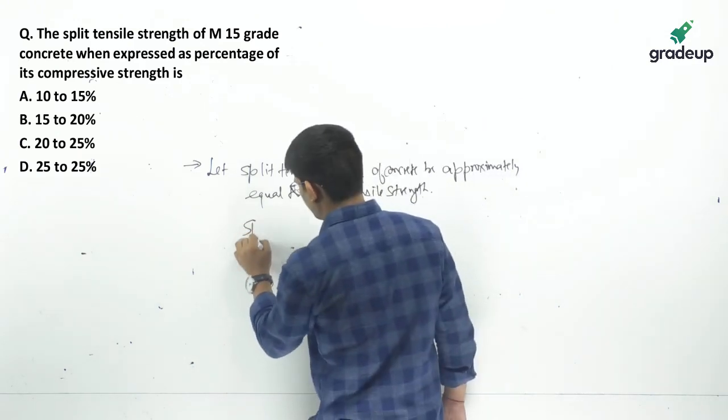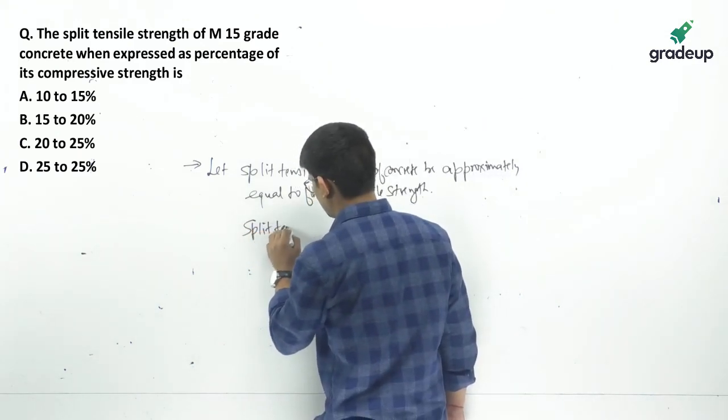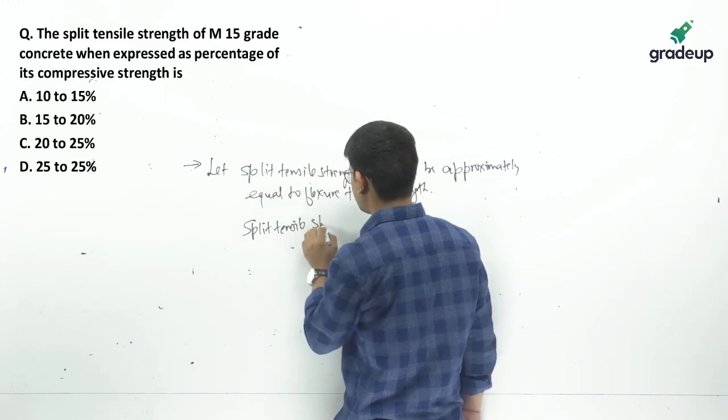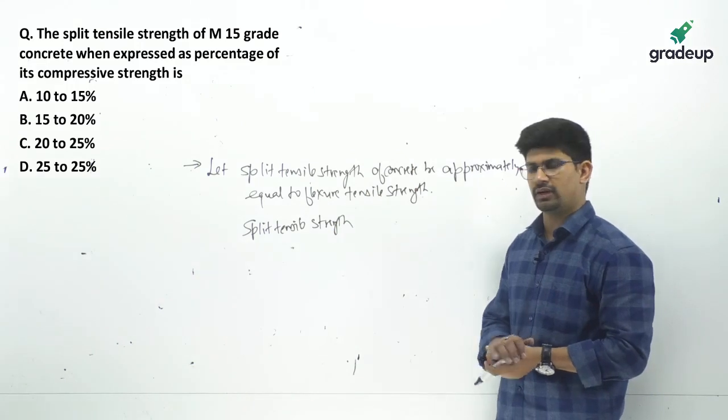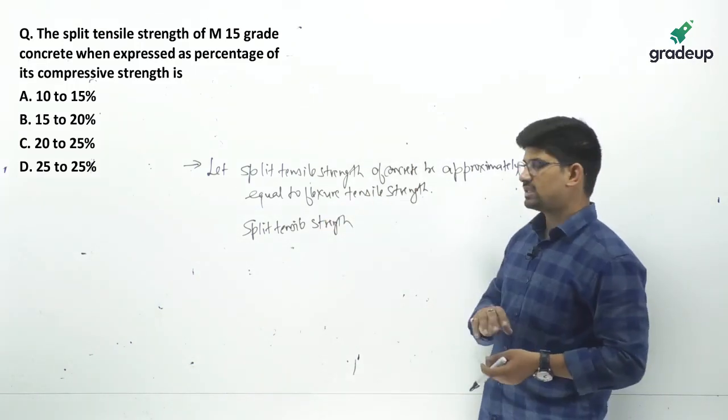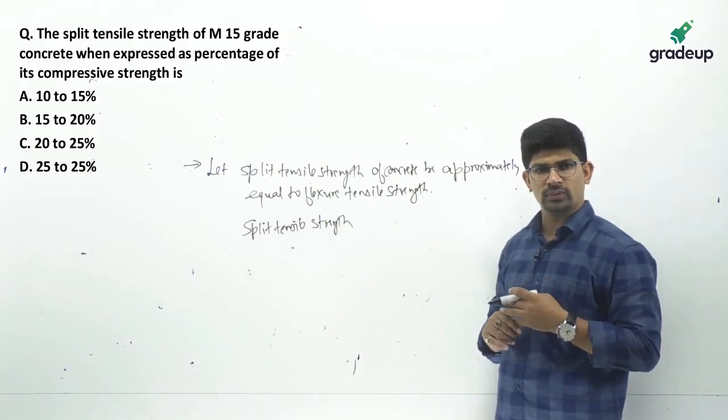We are assuming that because there are no set formulas. There is the formula for split tensile strength, but we don't know the experimental values, while flexural tensile strength is given to you as per the IS code.